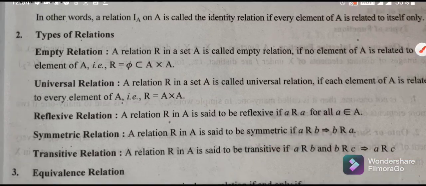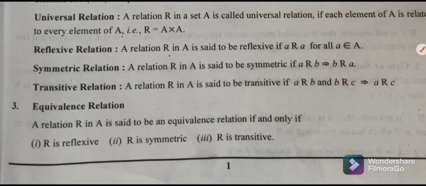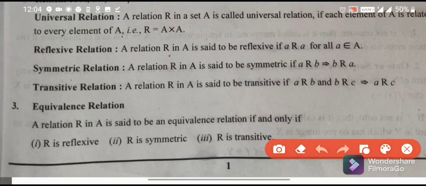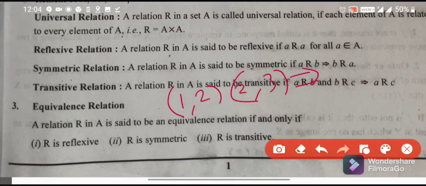Next is transitive relation. A relation R in A is said to be transitive if a related to b and b related to c implies a related to c. For example, 1 related to 2 and 2 related to 3 implies 1 is also related to 3. This relation is called transitive relation.